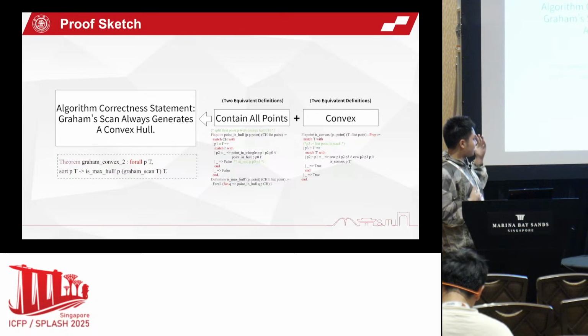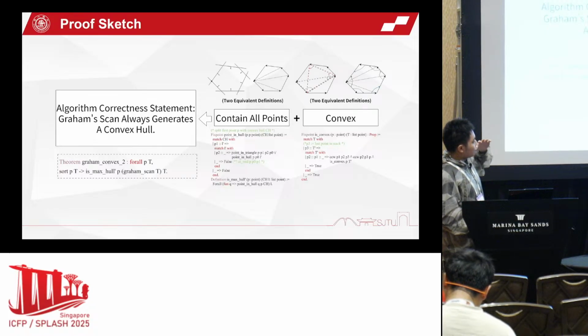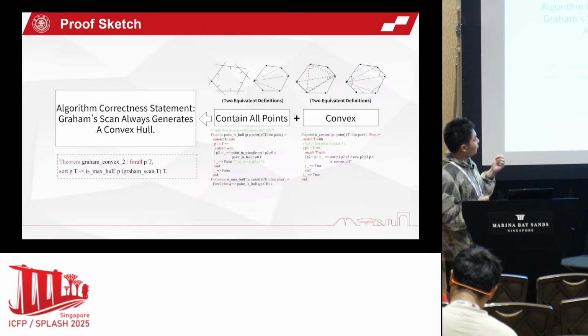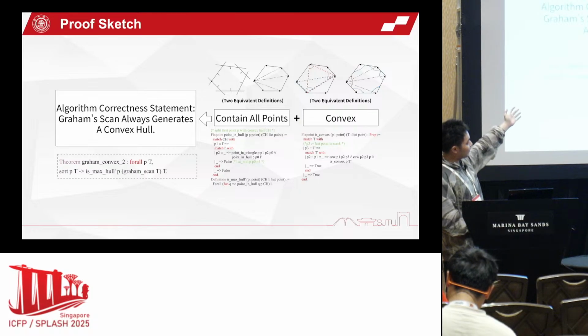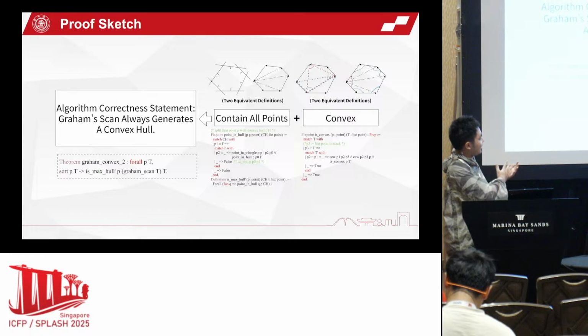As we can see, these properties are all formalized in the Coq proof assistant, with the precondition sorted here. To make the proof easier, we propose 2 equivalent definitions for these 2 subproperties, like using the edges or triangulation step to check if a point is inside this hull or not.